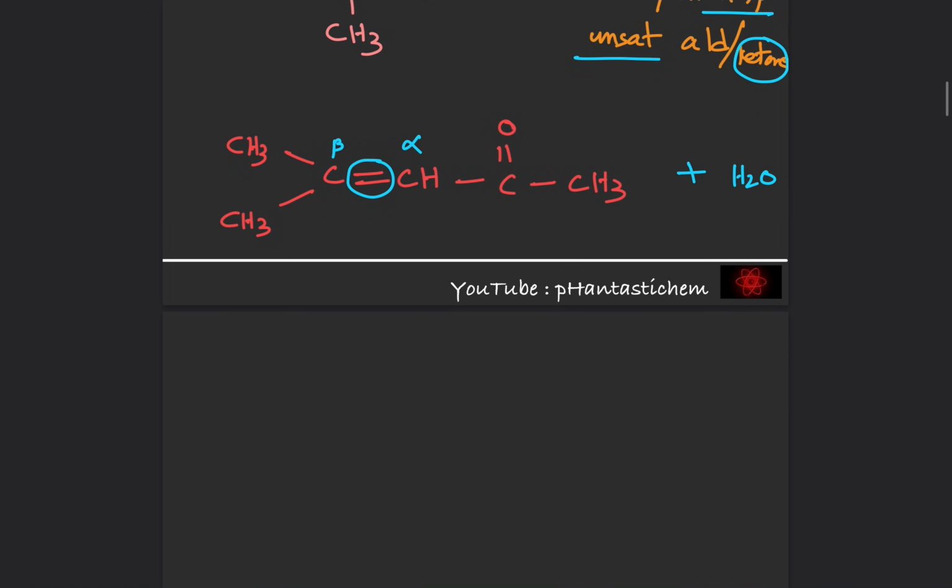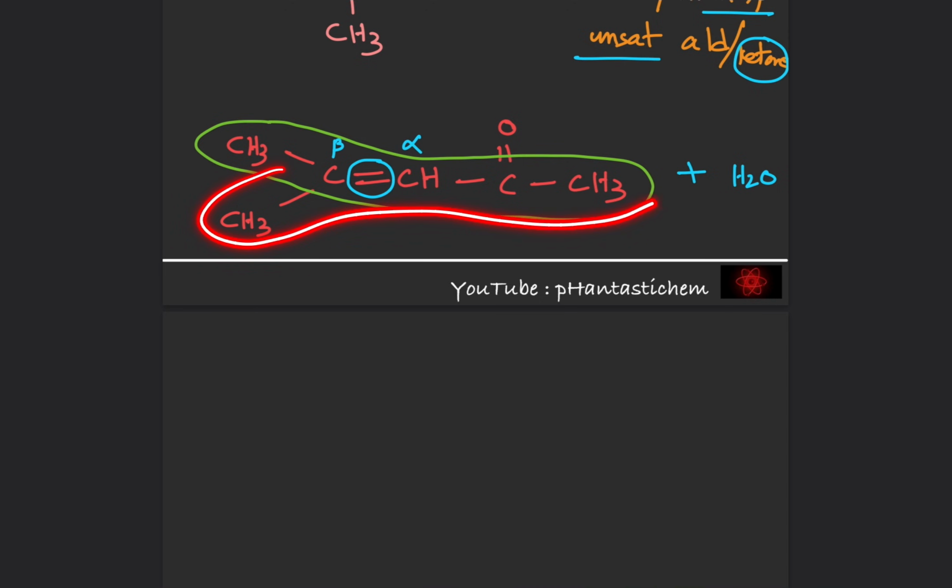The IUPAC name of this guy: first let's decide the parent chain. So this is our parent chain. You can also take this as your parent chain, but the functional group gets more priority, so the numbering will start from the left. Therefore 1, 2, 3, 4, 5.